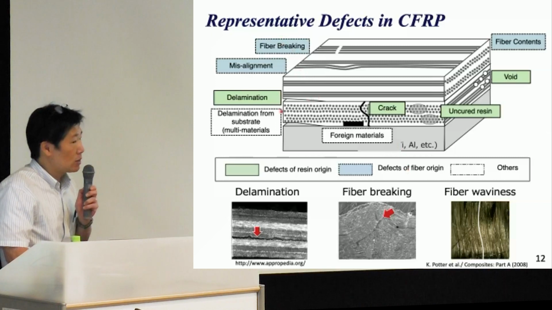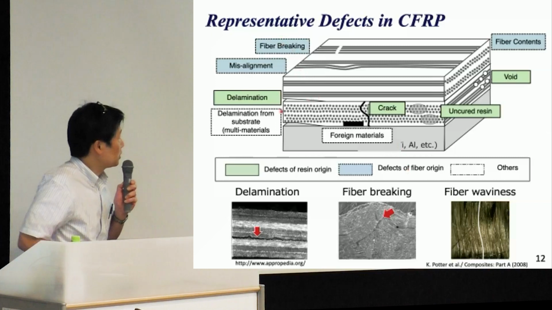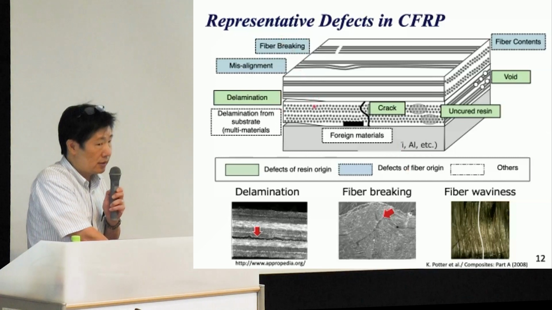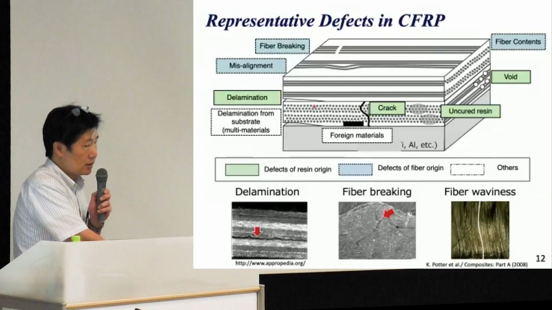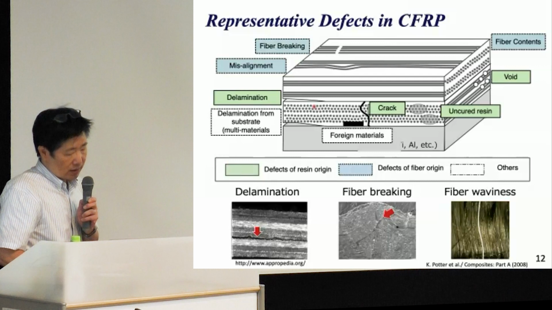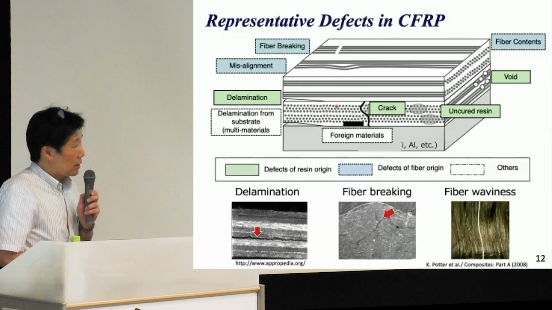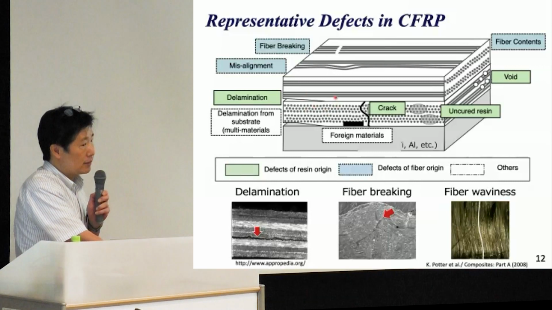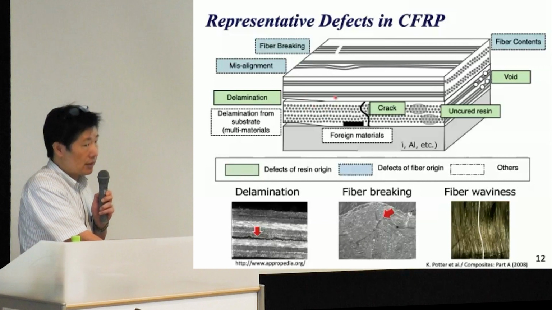The structure is very complicated, but thanks to this composition, it has very good advantages, such as high strength and light weight. But due to this complicated structure, it's very difficult to carry out non-destructive testing.